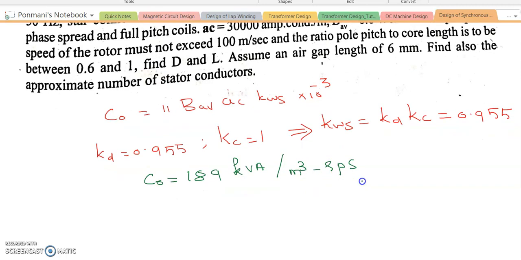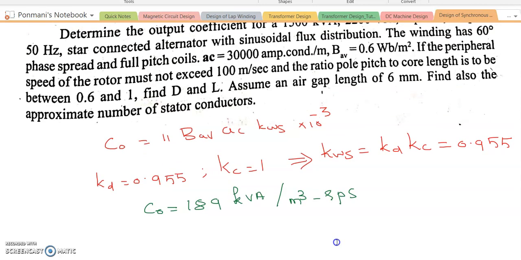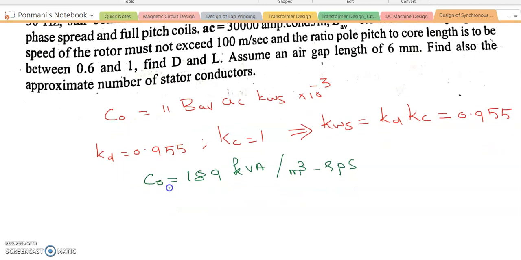Then we have to verify the D and L values. For that we separate out the D square L term. From the output equation, Q equals C naught D square L Ns, and Ns we can calculate. Ns is 2f by p, which is 2 into 50 Hertz divided by the number of poles, which is 10 in the problem.